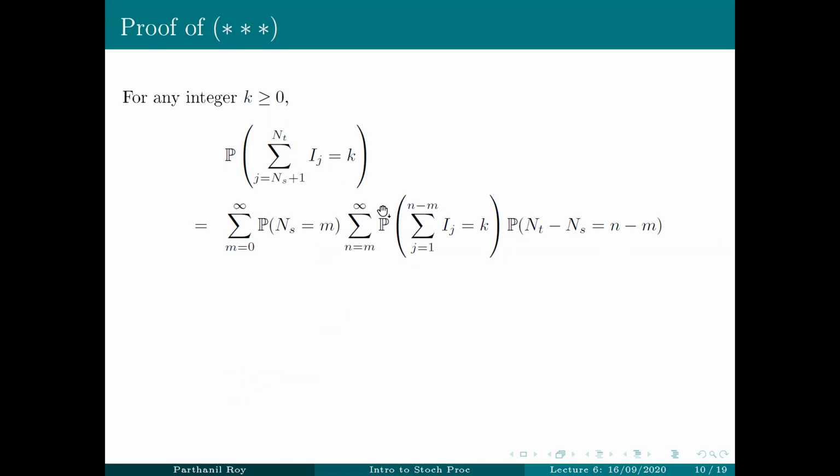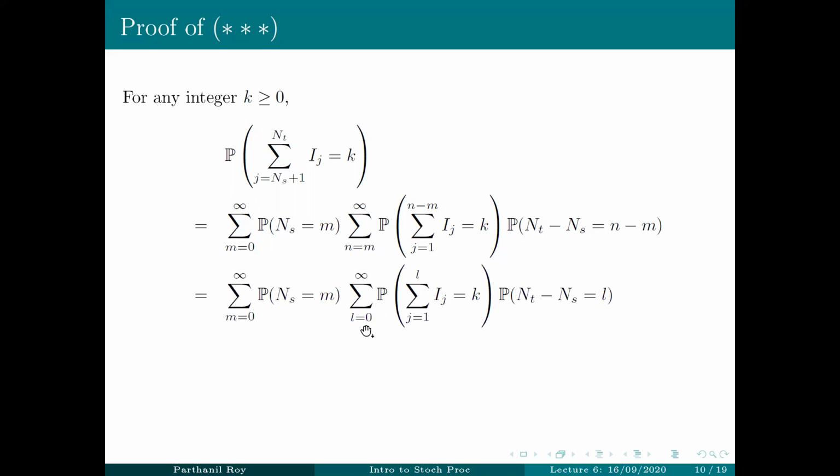Now note that this is a sum over n running from m to infinity, which is the same as running the sum over n minus m from 0 to infinity. So we'll replace this n minus m by L. We'll just put n minus m equal to L and do a change of variable.